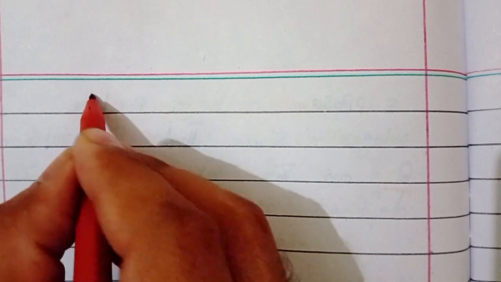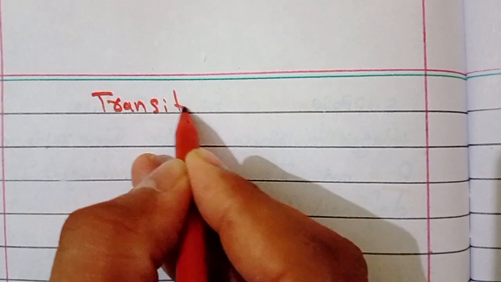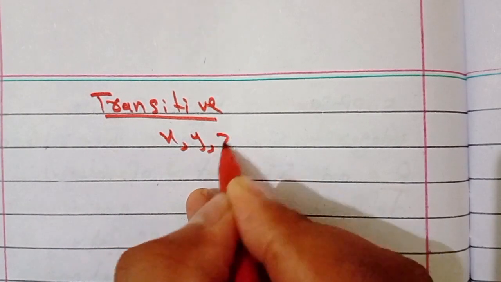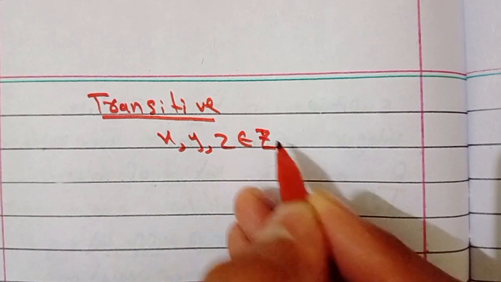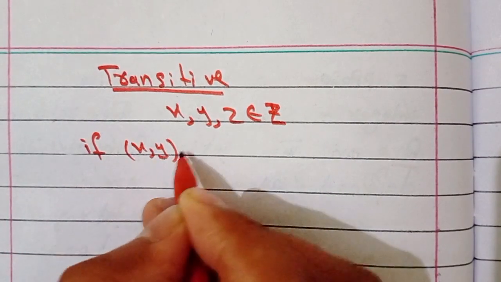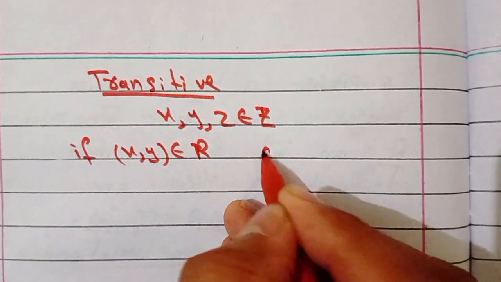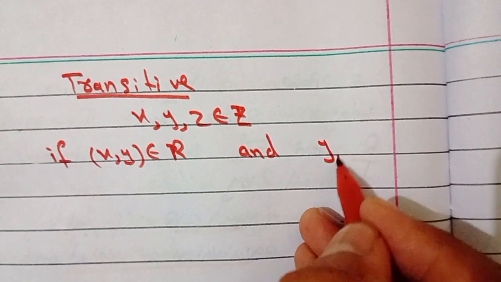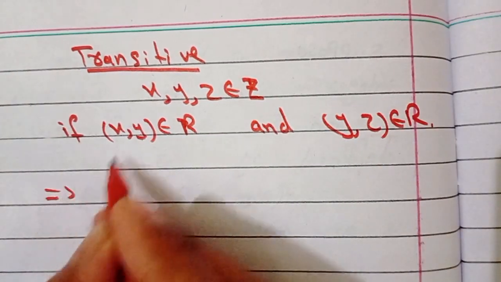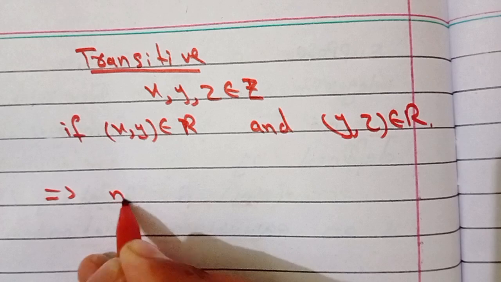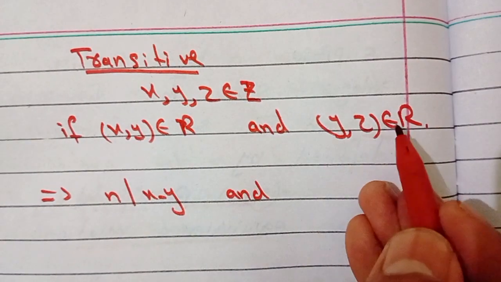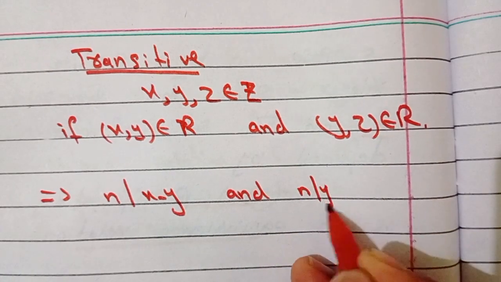Now for the transitive property. Say x, y, z belongs to the set of integers Z, and suppose (x, y) belongs to the relation R and (y, z) belongs to the relation R. It means n divides x minus y, and (y, z) belongs to the relation R means n divides y minus z.